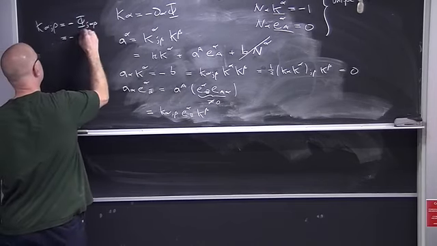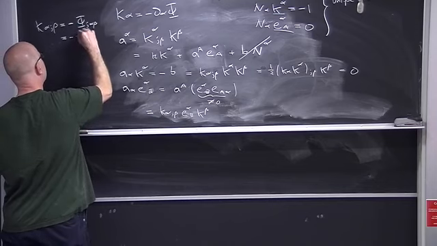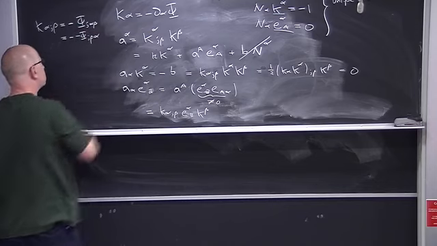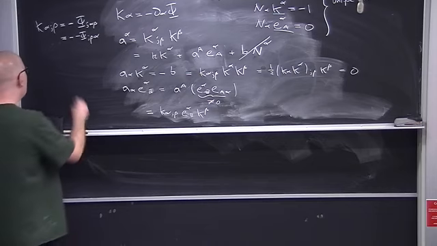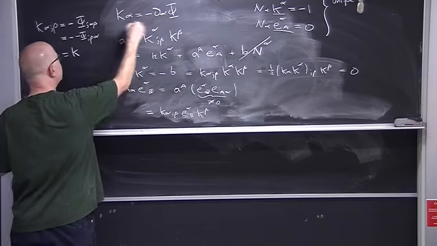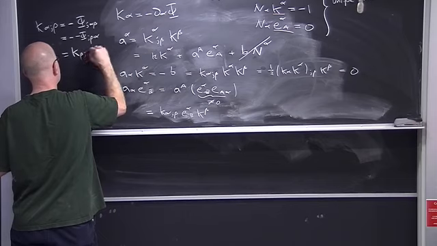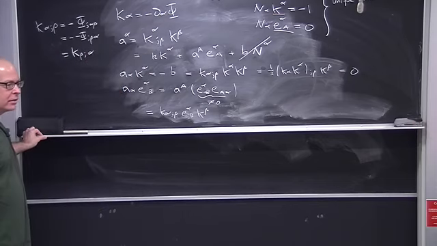The point is that this is symmetric under an exchange of two indices, because two covariant derivatives acting on a scalar are interchangeable, which means that because k is equal to a gradient, it satisfies this property.